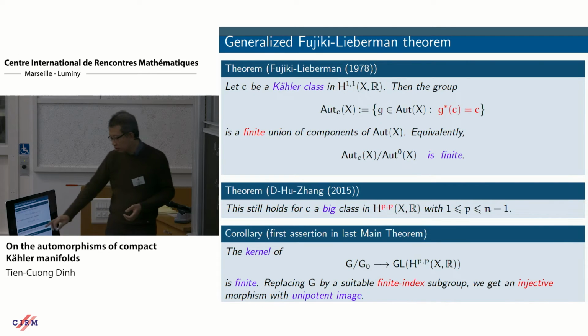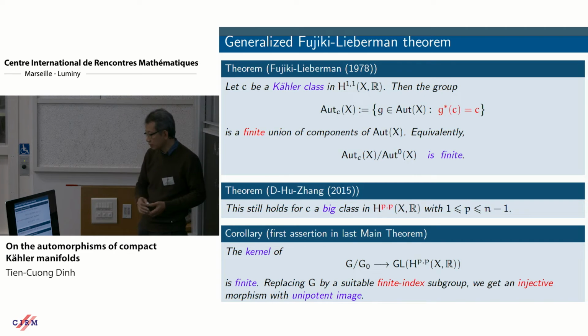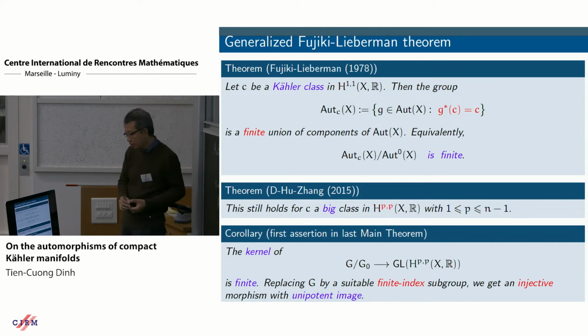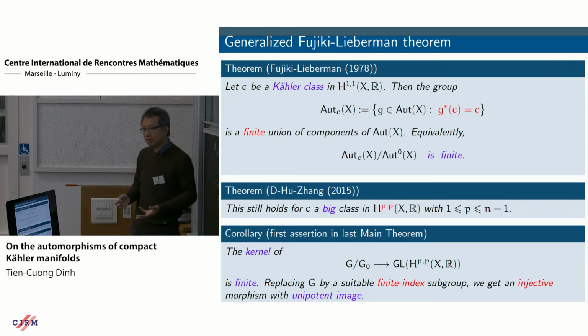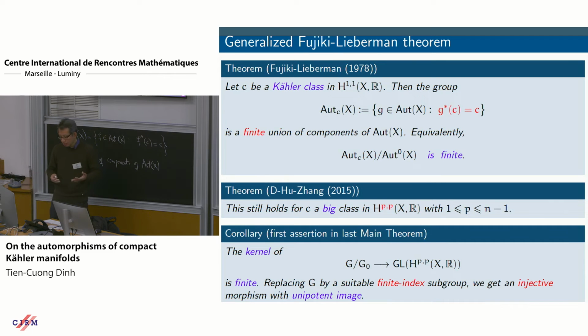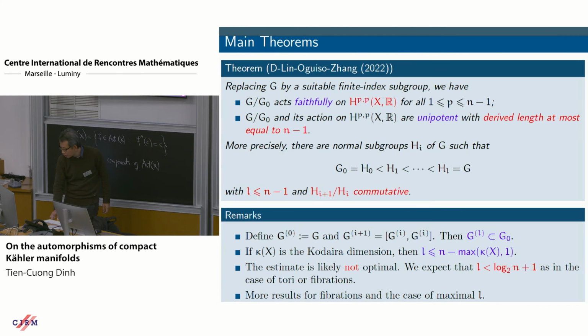So as a consequence, the kernel of this morphism is finite. This is a translation of the consequence of the theorem. And then if you replace G by some finite index subgroup, then you can assume that the morphism is injective. So this gives you the first statement of our theorem here.